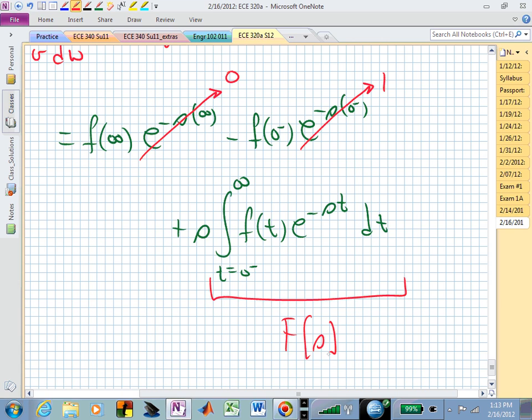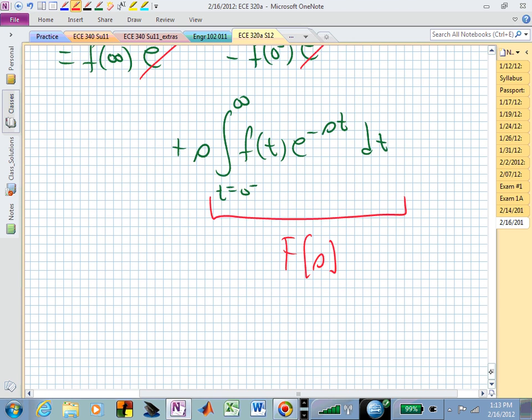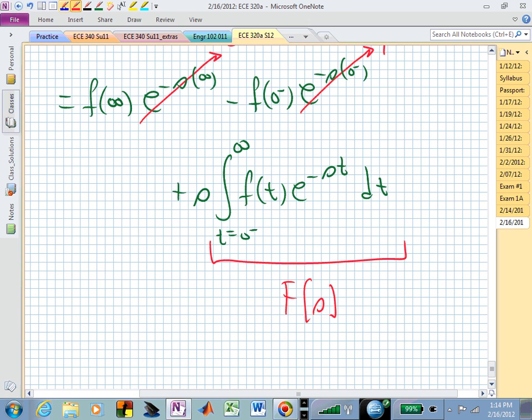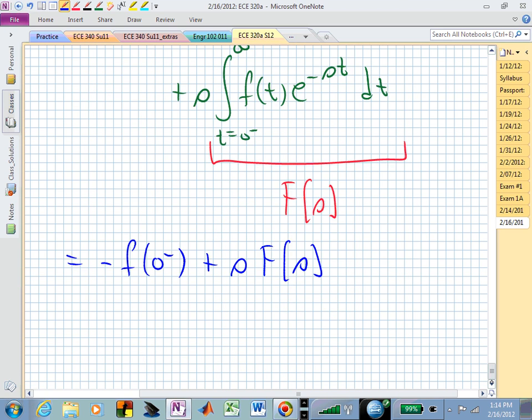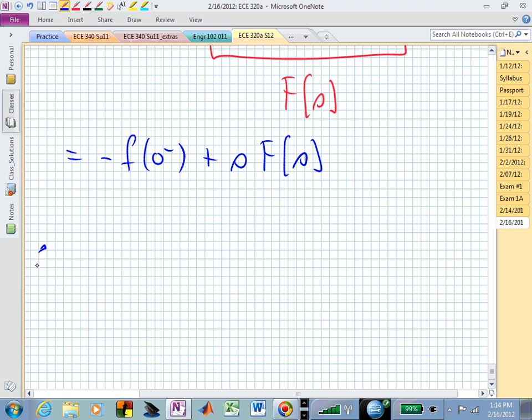That should look like what we've just defined in the first part of the lecture. That's, by definition, the Laplace transform of little f of t, without the s in front. And if I pull all of those pieces together, I now have minus f of 0 minus plus s F of s. And that's what I actually wanted to show.